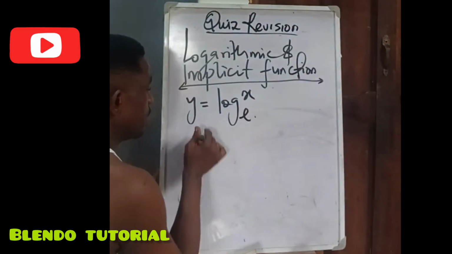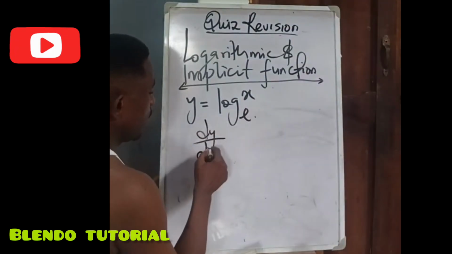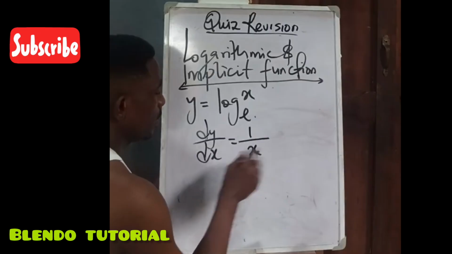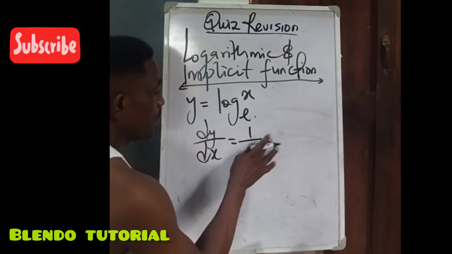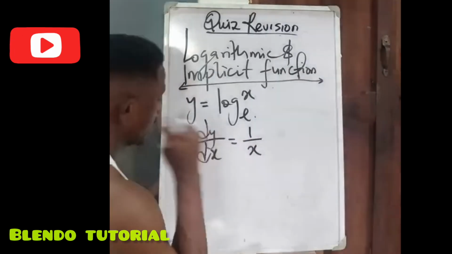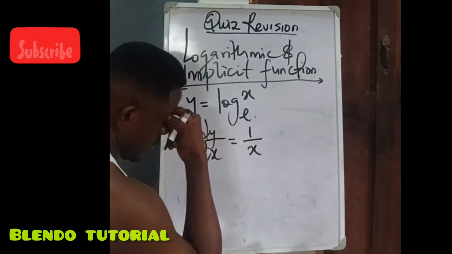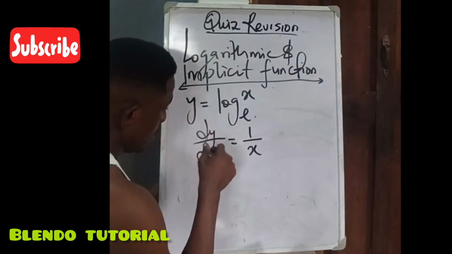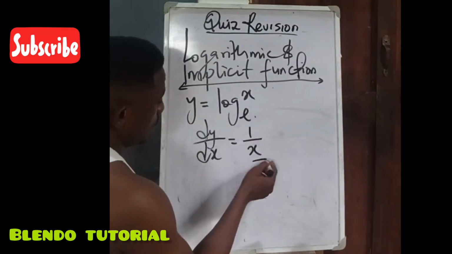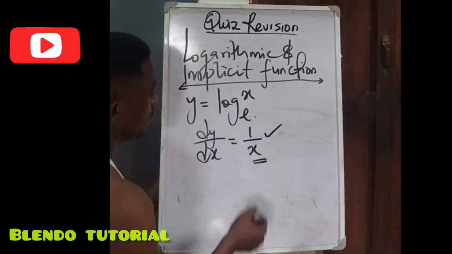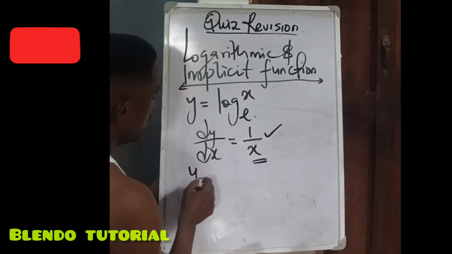So if you are differentiating this, you have dy/dx is equal to 1 all over x, finish. 1 all over x, okay? Naturally, if you differentiate x, x is 1, so this is the answer. Let's actually look at this question.